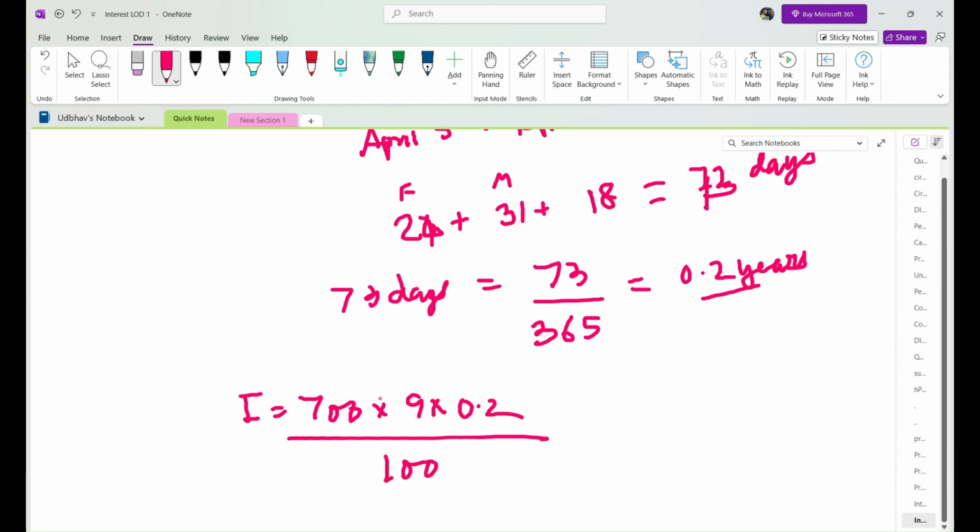We are not changing the rate of interest because we are now just calculating it per year, since we converted those months into years. That's why 7 into 9, 63, into 0.2, which will give us 12.6.